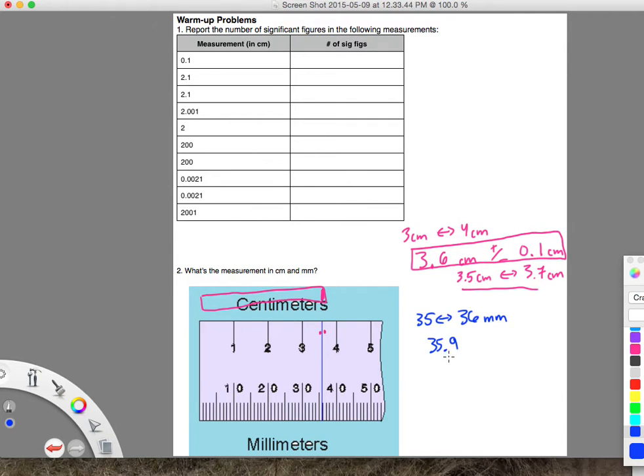It seems like it's not quite 36 yet, so 35.9 seems pretty safe, but to cover myself, I use this as my uncertainty. I go to that same place, and I say it's plus or minus one of those digits in that place. And this is going to be millimeters. So my final reported measurement is that.